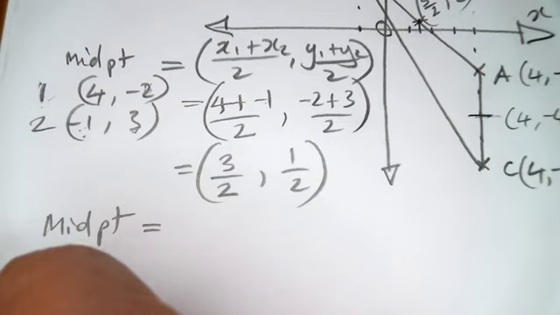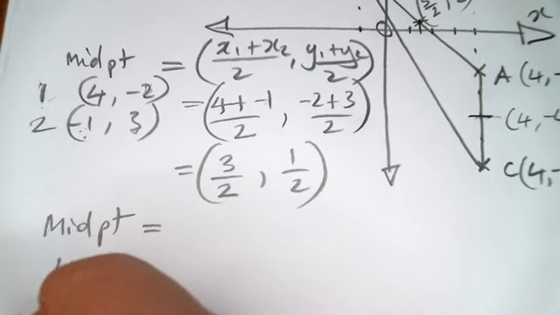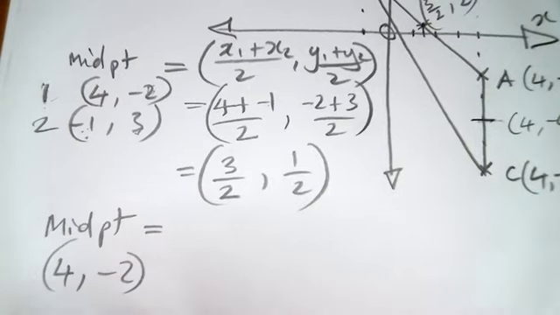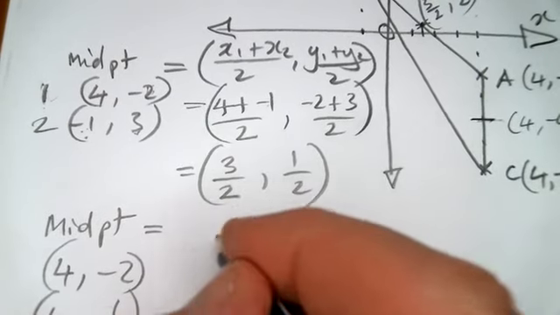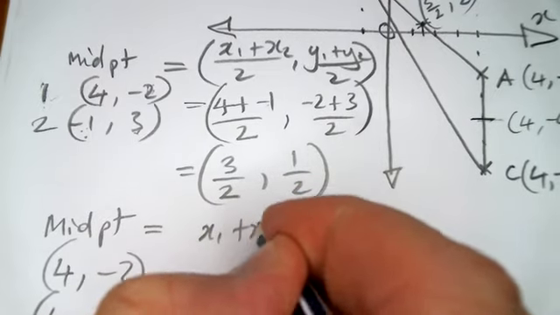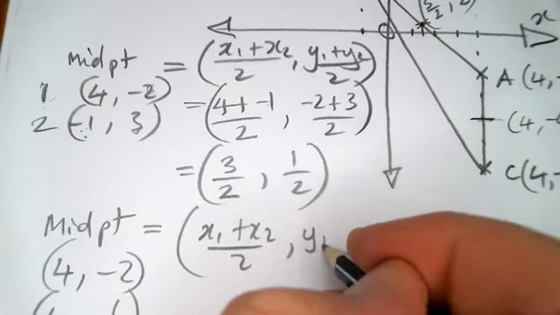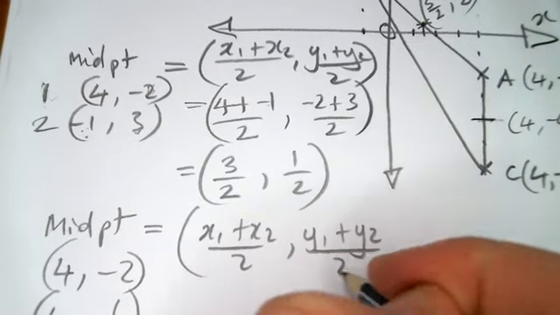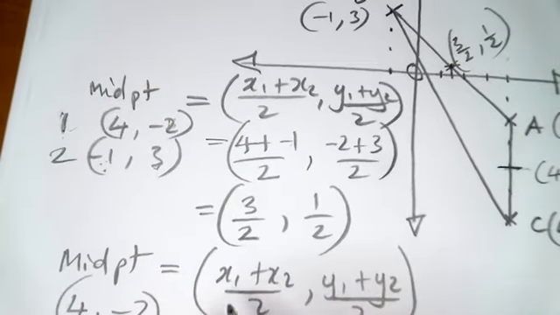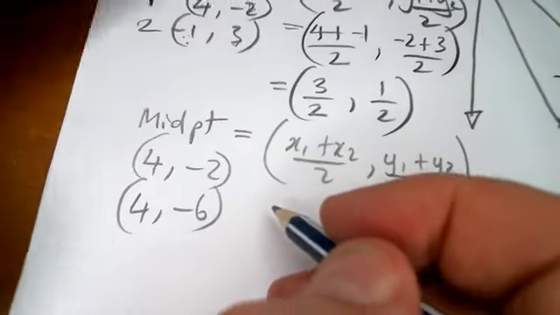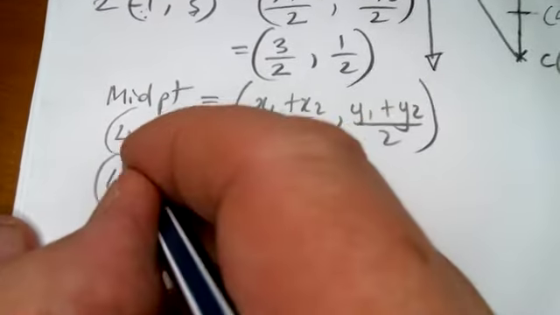So let's say we've got a 4 and a -2. We're going to start with this point, and we're going to go to this point here, which is 4 and -6. So the midpoint is going to be x1 plus x2 over 2, comma, y1 plus y2 over 2. So x1 and x2, I've got 4 and 4.